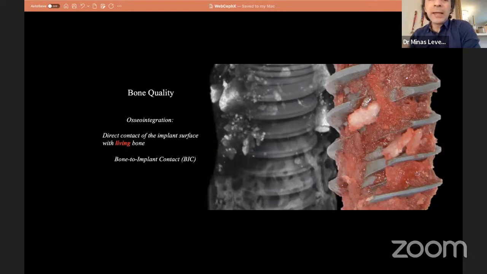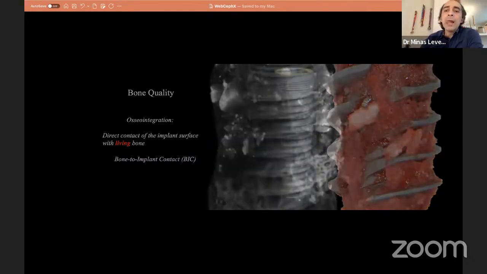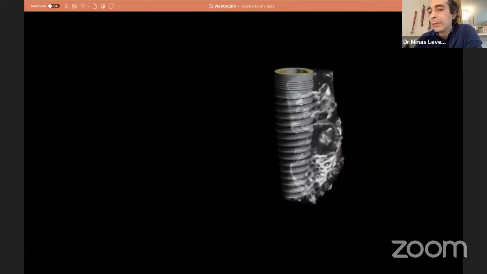So that will give us the highest amount of bone-to-implant contact. And the better the quality of the regenerated bone, the better the biomechanical properties and the long-term stability of this bone. What we mean when we say the quality of the regenerated bone.